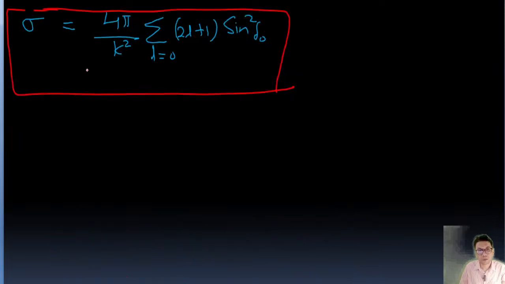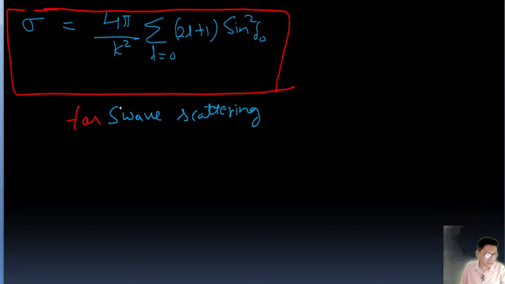So sigma equals 4 pi upon k square, sum over L equal to 0 to infinity 2L plus 1 into sine square delta naught. This is very important. Now we'll discuss for S wave scattering, or low energy. For S wave scattering, the value of L is going to be 0.